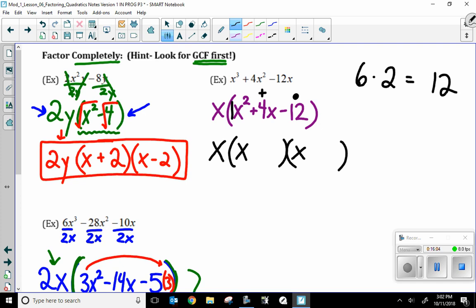If I'm multiplying to a negative number, I need to multiply a positive times a negative to get a negative 12. So what two numbers can I multiply that are different by 4? 6 and 2. But which one's the plus and which one's the minus? Remember, the bigger number always takes that middle sign. The 6 is bigger than the 2.